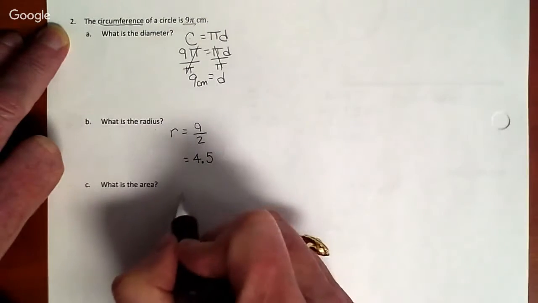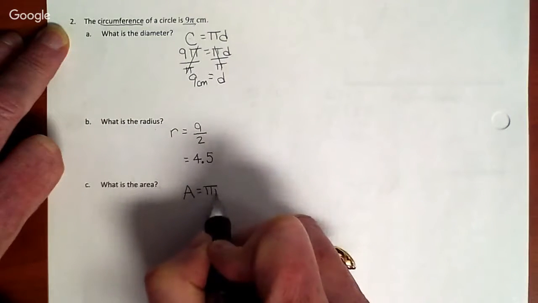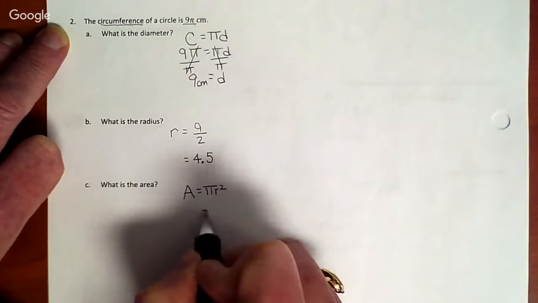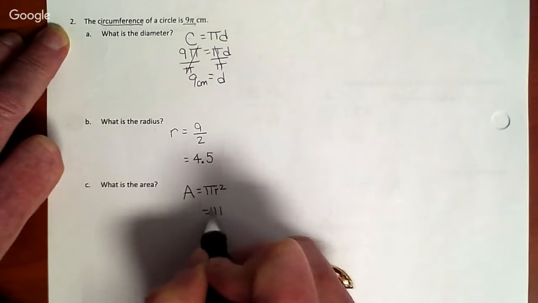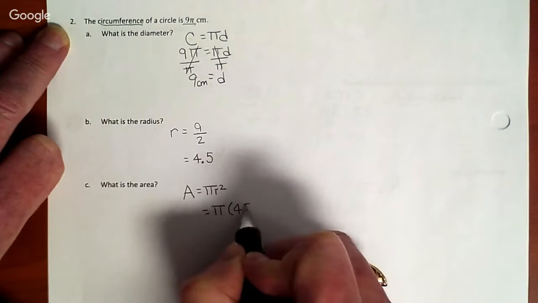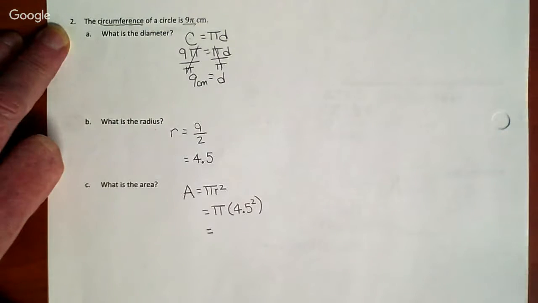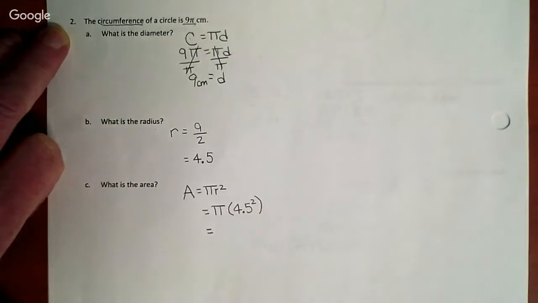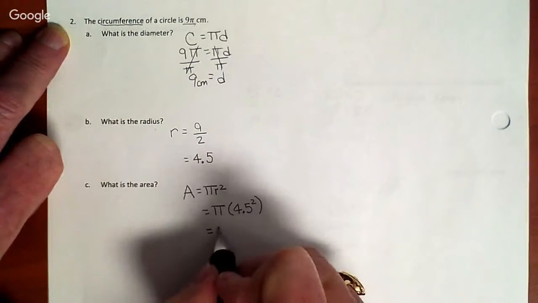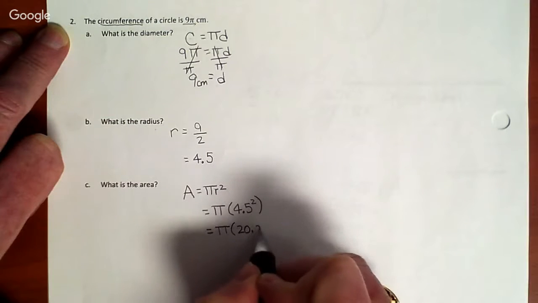Part C wants us to find the area. Well, the area is A equals pi r squared. We replace our radius with 4.5, and we have to square that. So now we have 4.5 squared, which is 20.25.